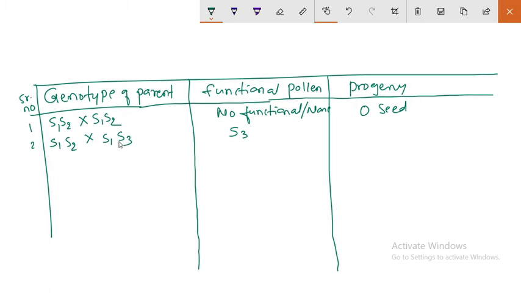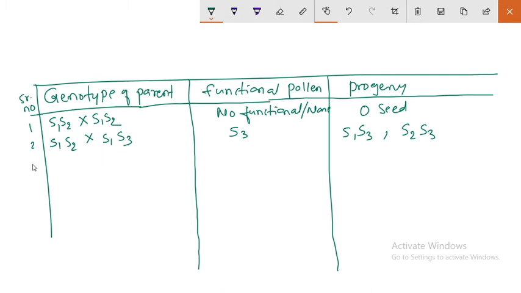So it produces S1 S3 progeny and S2 S3 progeny. S1 is formed with S3 and S2 is formed with S3, so these two progenies will be produced.